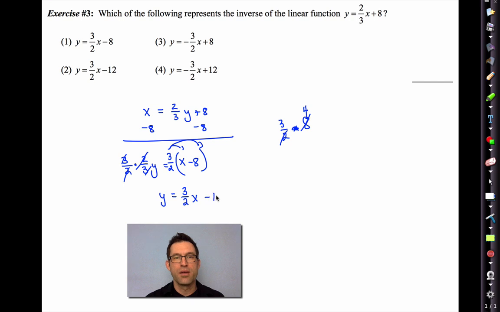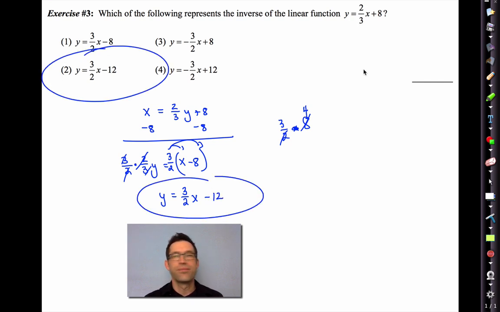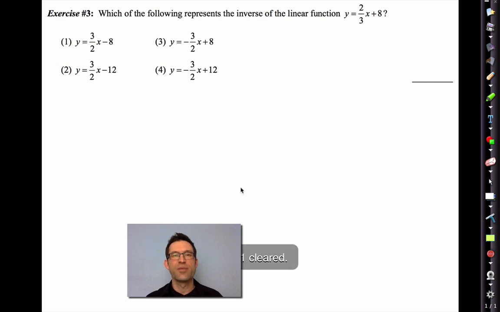So that'll be 12. There it is. Choice 2. All right, switch x and y. Carefully solve for y. Okay, I'm going to clear this out, so pause the video if you need to. All right, there it goes.